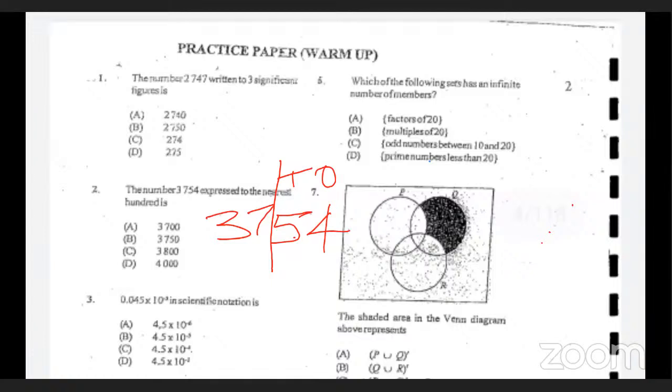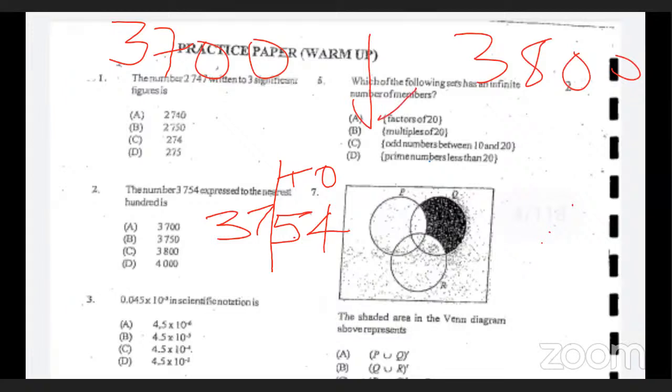3,750. Excellent. 3,750 will be in the middle. All right. So think about the number that's there now, 3,754. On which side would it be?